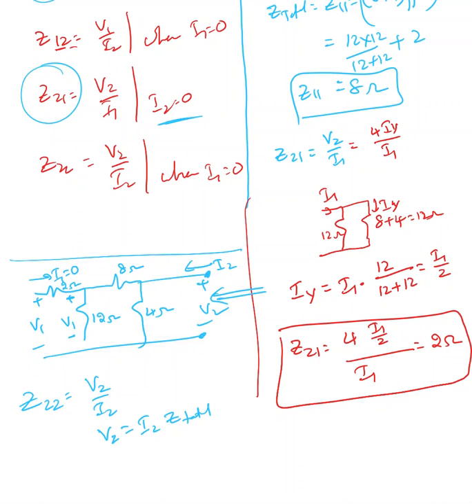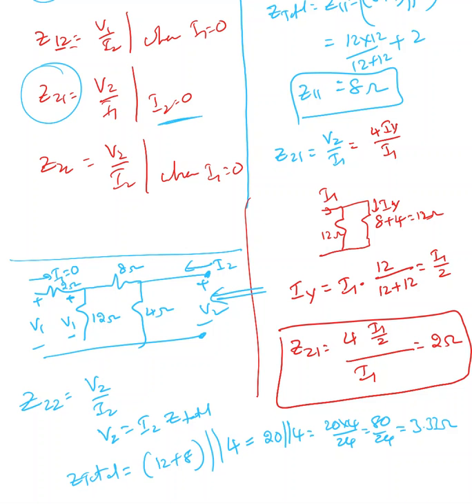The Z total of the circuit from port 2 point of view is 12 plus 8, which is parallel with 4 ohm. So this value is 20 parallel with 4, which is 20 times 4 divided by 24, 80 divided by 24. I believe this value is 3.33 ohm. So Z22 is nothing but Z total, which is 3.33 ohms.